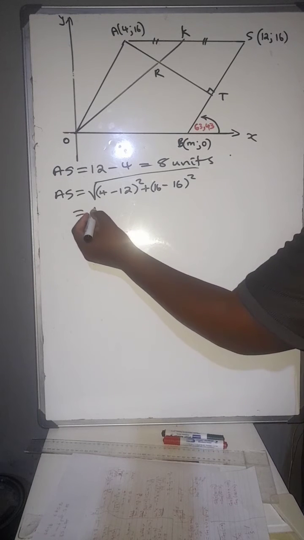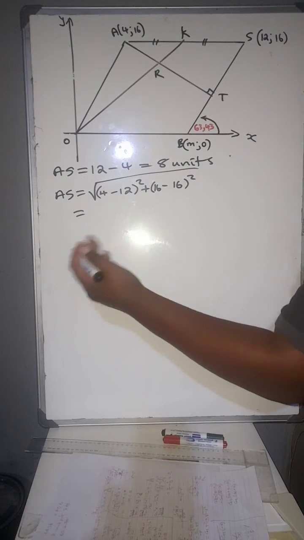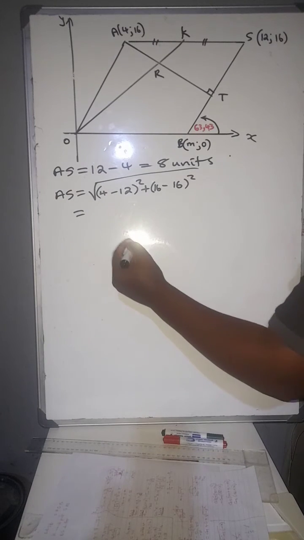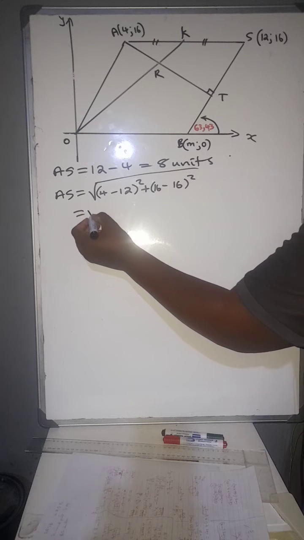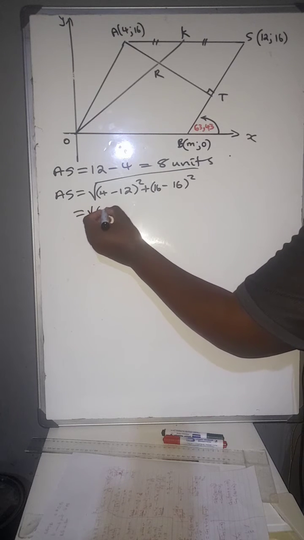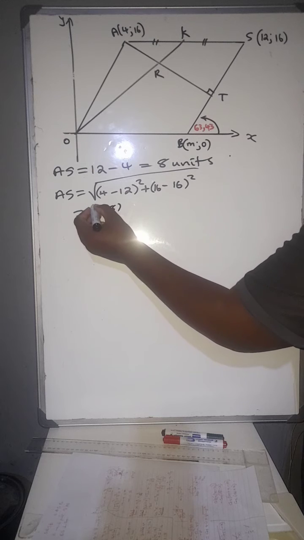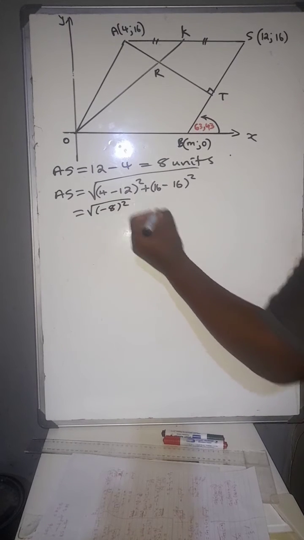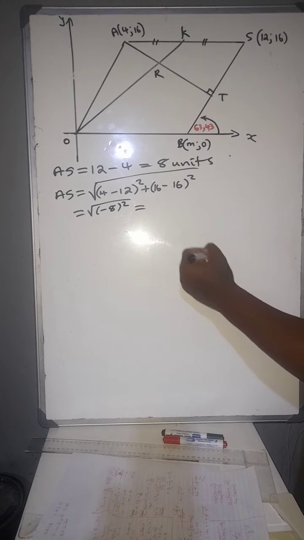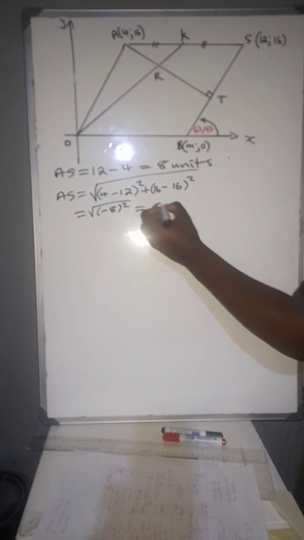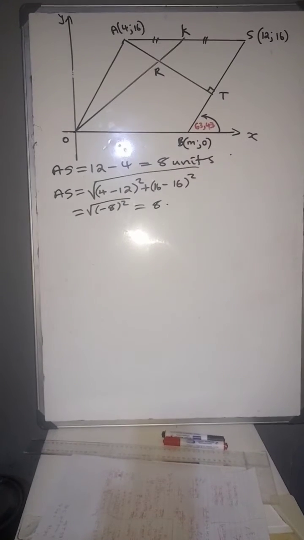Remember distance is positive, so we don't need to put plus or minus. So it's the square root of negative 8 squared, and this is just going to give us 8 units.